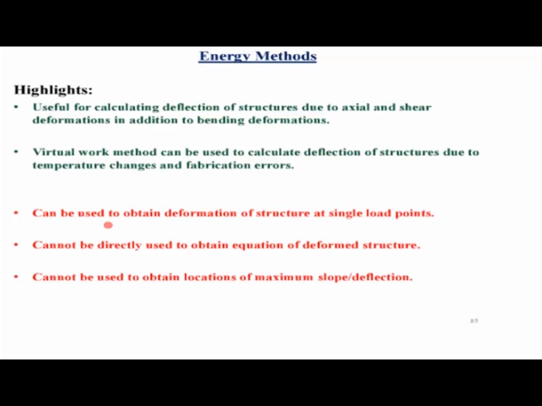Application of Castigliano's theorem is calculating the deflections of trusses and frames by considering their axial deformation for trusses, and axial, shear and bending deformation for beams. Now it has a slight advantage over the virtual work method, and that is, in the virtual work method you have to separately find member forces in the structural components due to virtual loads and externally applied loads.